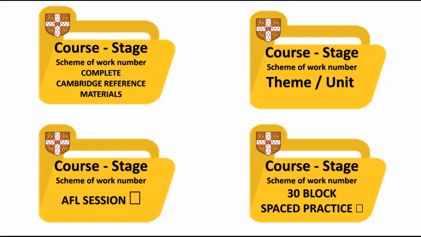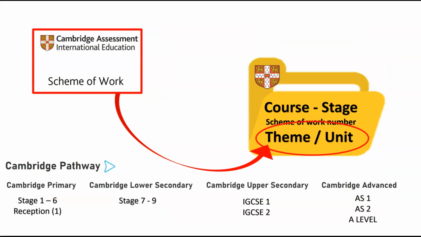And if you come to the next slide, just to go through that again, here are your stages. Cambridge Primary reception works on stage 1. Glenda, you know what to do there. Cambridge Lower Secondary uses stages 7 to 9. Cambridge Upper Secondary is IGCSE 1 and IGCSE 2. And then Cambridge Advanced is AS1, AS2, and A level.